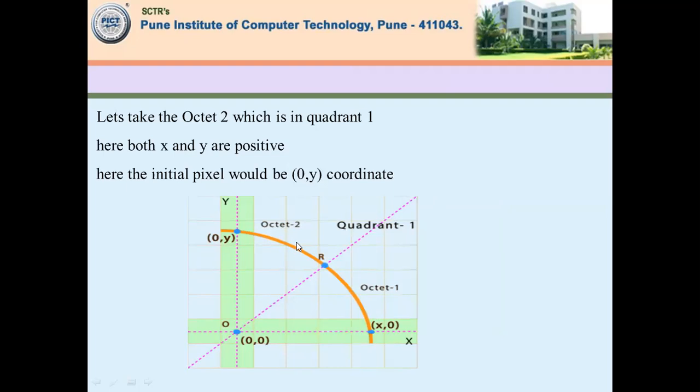Fine, so this particular octant we are going to consider. Both x and y values are positive, as I just explained. The initial pixel would be 0 comma y coordinate, or you can say 0 comma r as well, because this value is nothing but the radius of the circle, which is indicated by r.